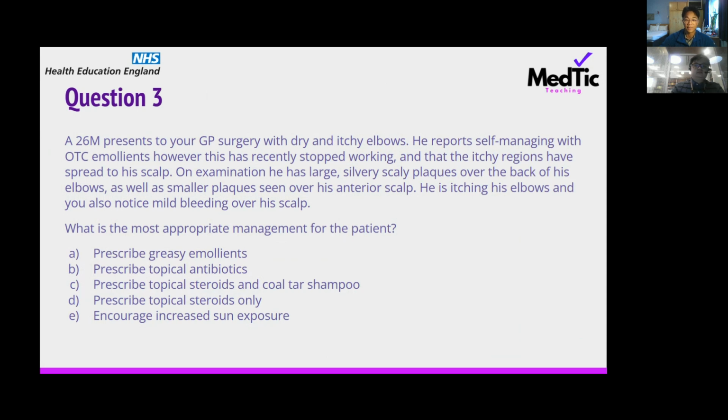On examination, he has large, silvery, scaly plaques over the back of his elbows, as well as smaller plaques seen over his anterior scalp. During consultation, he's itching his elbows and you notice some mild bleeding over his scalp. Given the likely diagnosis, what's the most appropriate management for the patient?